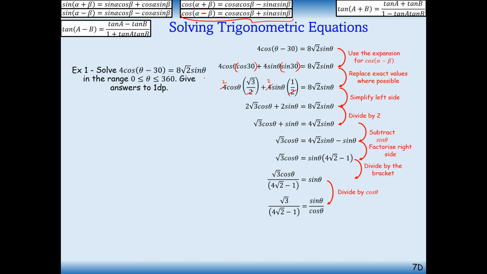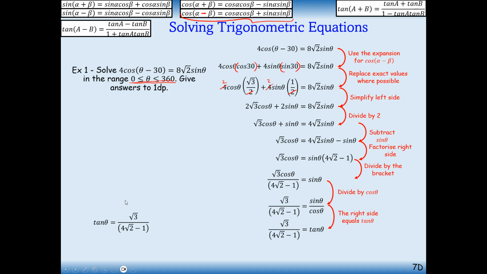We check our calculator, it needs to be in degree mode because the question wants the answer to be between 0 to 360. We don't have to change the range of values because it's a single multiplier, single theta there.